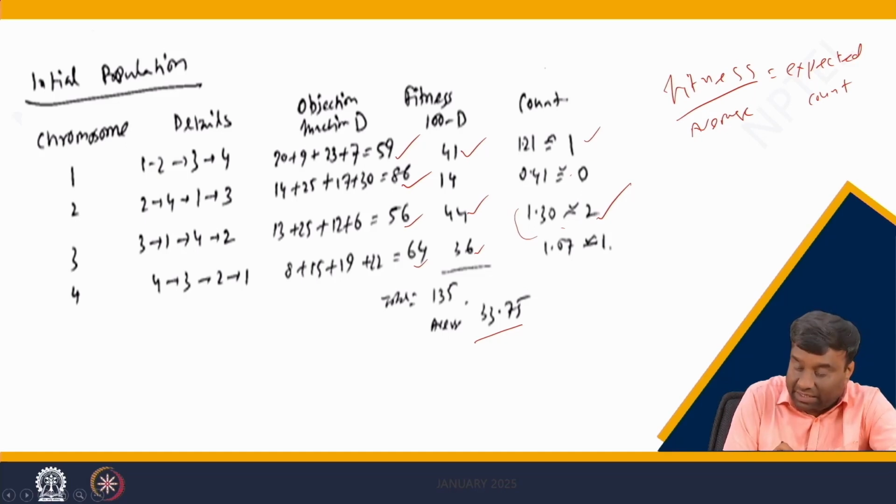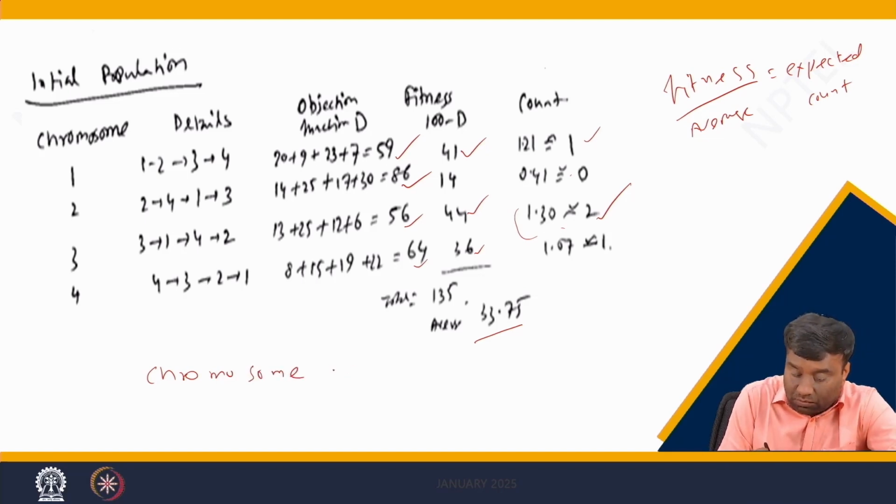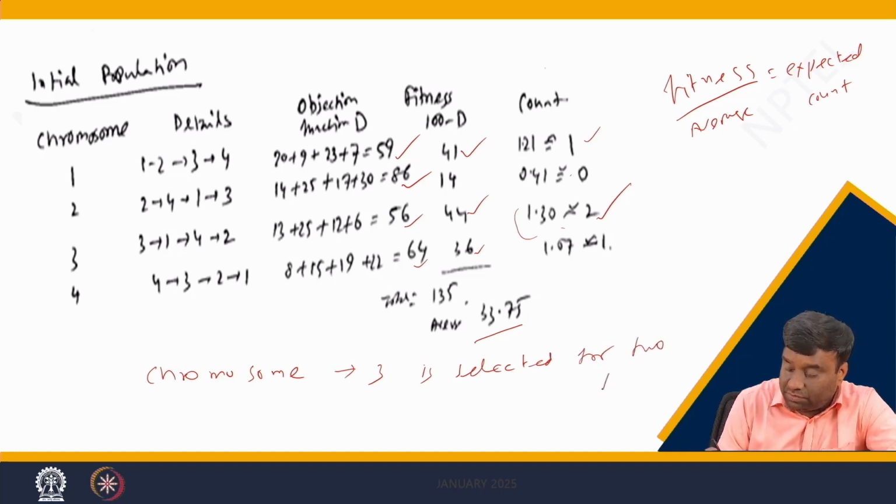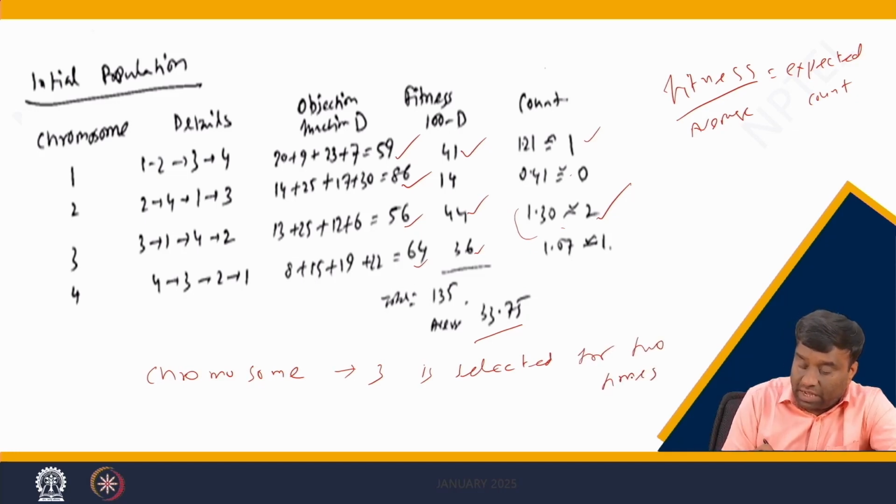So here you can write that chromosome 3 is selected for 2 times, and chromosome 1 is selected for 1 time.